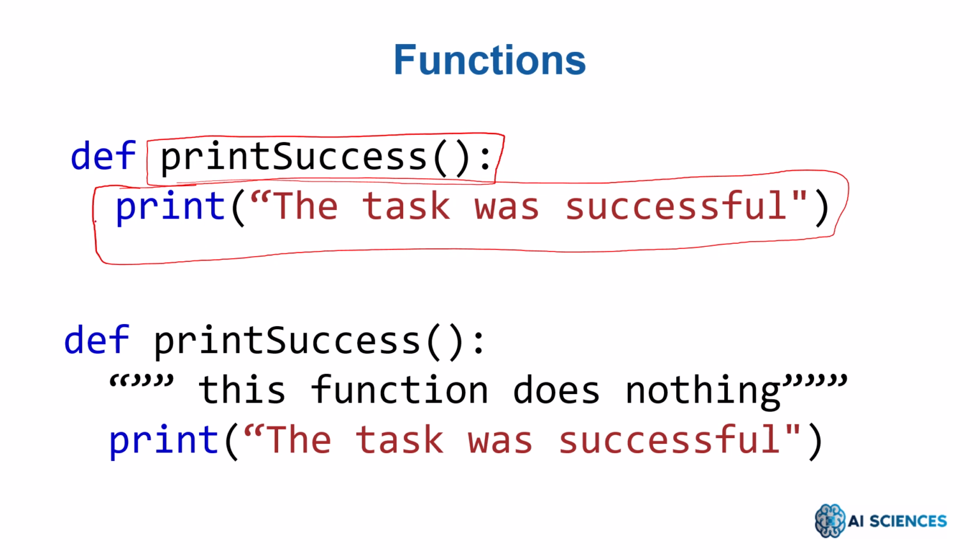It may be one line, it may be a whole set of lines of code, and normally these functions achieve a particular kind of task, and whenever you want to achieve that task, you basically invoke or call that function.